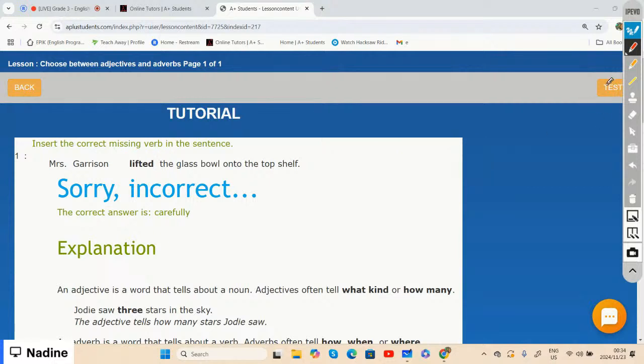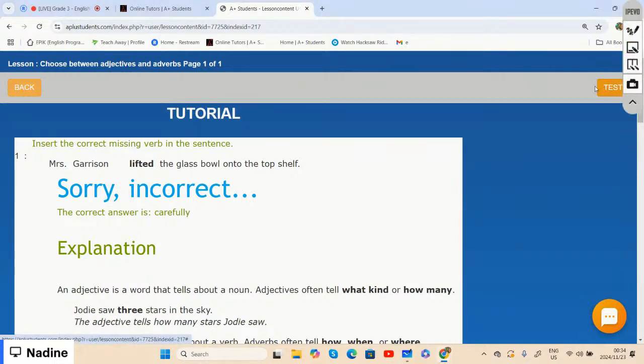All right. So now let's go to our test, where we're going to choose between an adjective and an adverb.